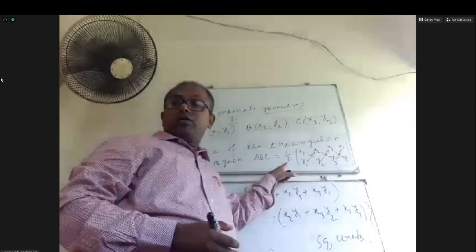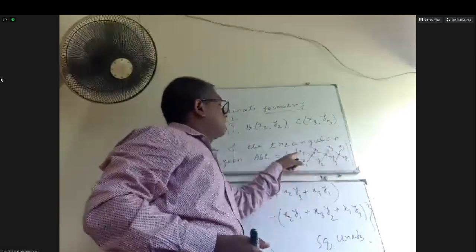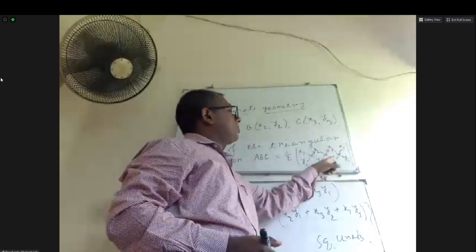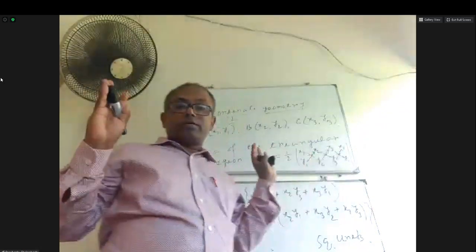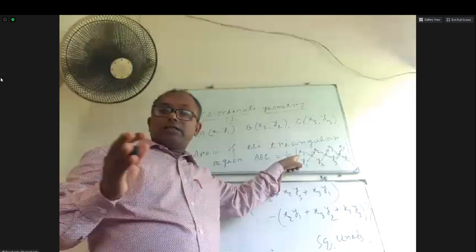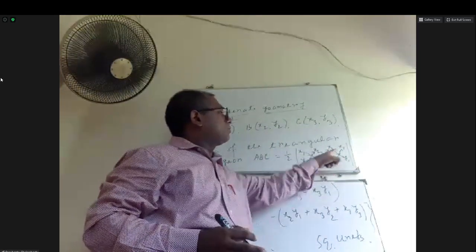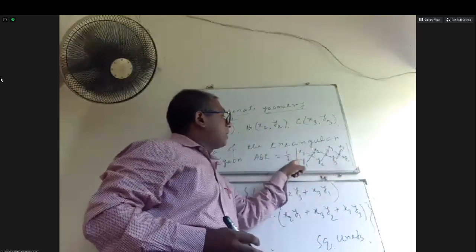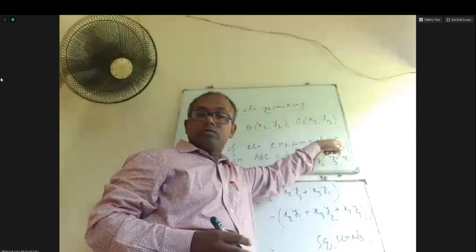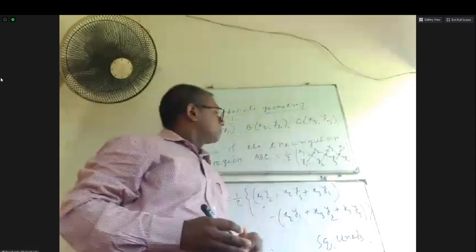That is, you have to write half modulus, and then the abscissa and ordinate of each point. That is, x1 y1 the coordinates of the first point, x2 y2 second point, x3 y3 third point, and the coordinates of the first point will be repeated in the last.